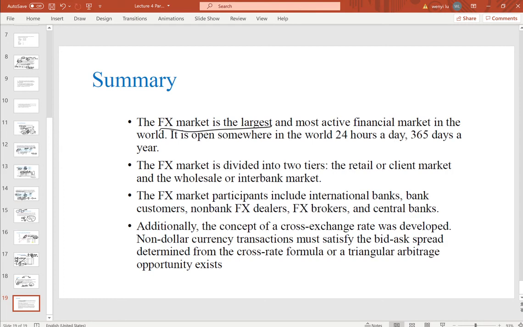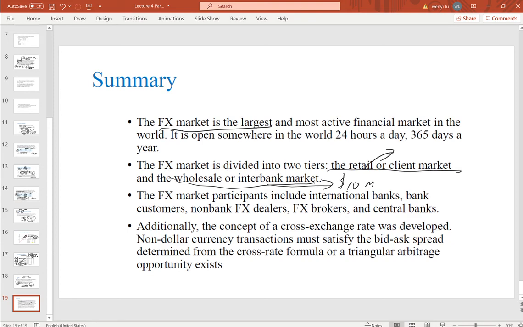The foreign exchange market is divided into two tiers, right? The first tier is the retail market, or you can say the client market. The next tier is the wholesale or interbank market. This one is relatively small, and it has large transaction units, right? $10 million is the base unit for the interbank market.